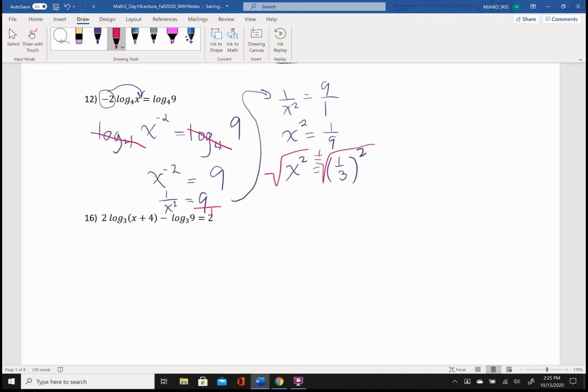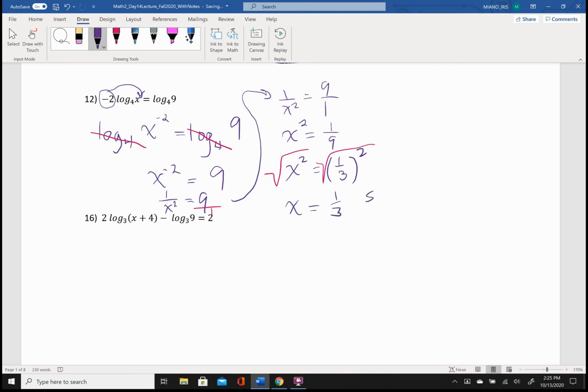Technically, algebraically, yes, you would do that, but recognize that this x value that we're about to calculate is in the argument of a logarithm, so it has to be positive. So in that regard, we would not need to take the negative counterpart of the square root. We would just take the principal square root and leave it at that. So therefore, x will equal simply one single value, 1/3.